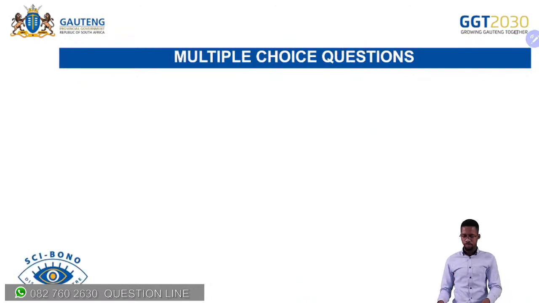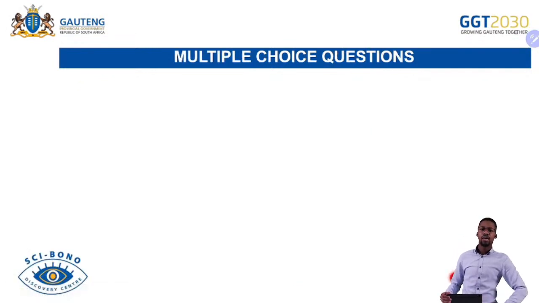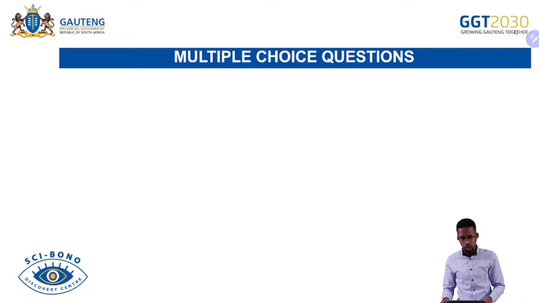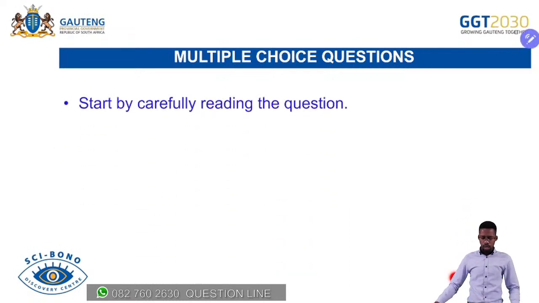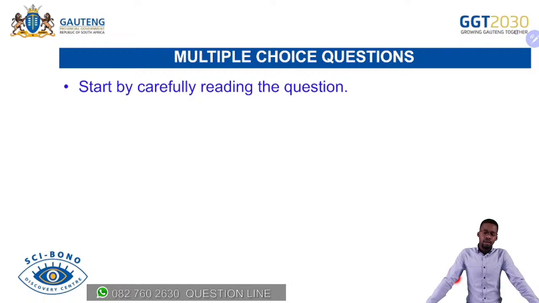Then let's move on. Multiple choice. I think I've alluded to you that in both papers, paper 1 and paper 2, you'll have multiple choice questions that you must respond to. So there's a strategy that I want us to use, because we must also get multiple choice correct. It's important to get that multiple choice correct. So number one, you need to understand the question.